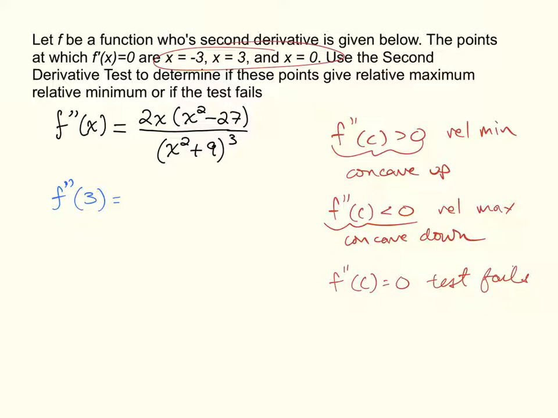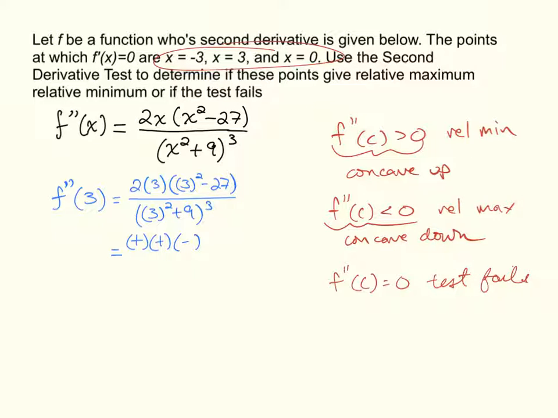So I know if I substitute 3 into this function, I will have 2 times 3 times 3 squared minus 27 all over 3 squared plus 9, the quantity cubed. And what I see when I see something like this are signs. So I know the 2 is positive, I know the 3 is positive, and I know if 3 is squared and then you subtract 27, this will give you something negative.